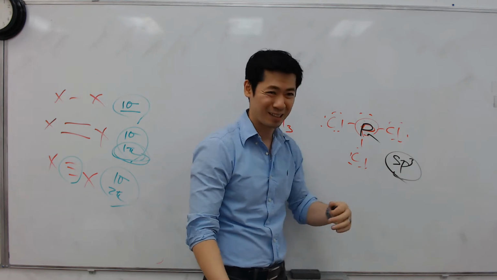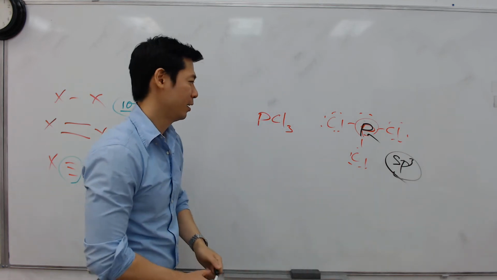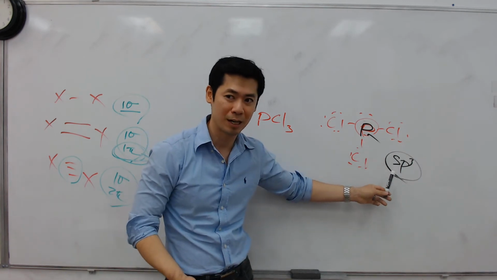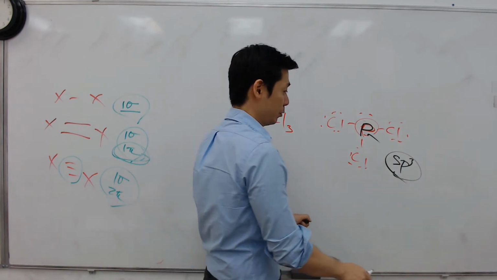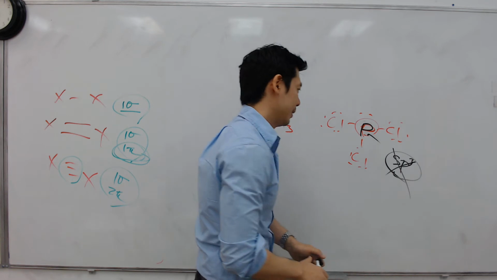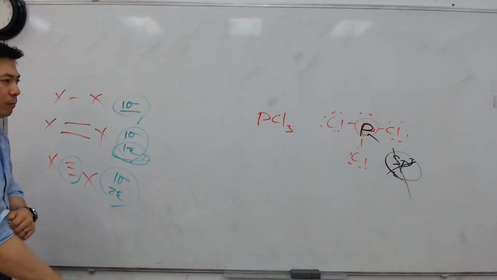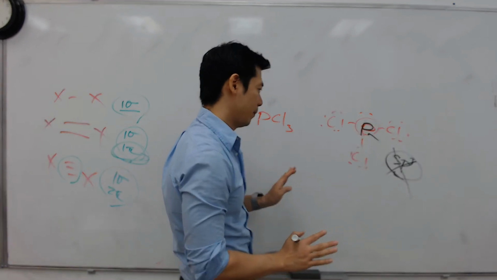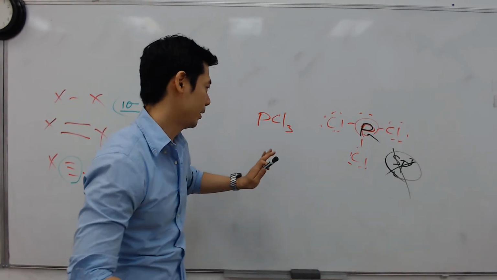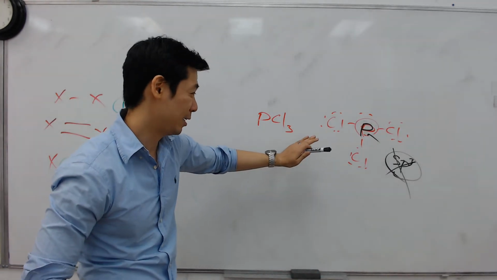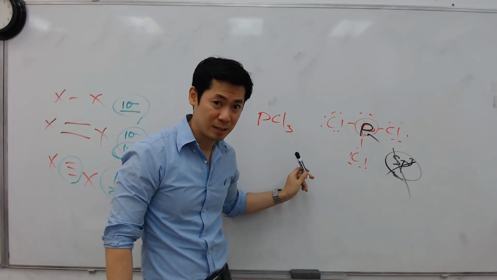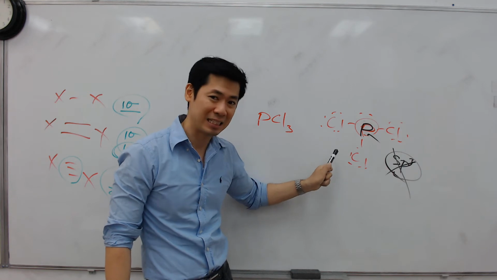That's one of the things I don't like that they do, by the way. If you go to college and higher chem, they might not do this. I don't think it's wrong, but it's hard to say. So I'm not going to go any further than this. When they have PCl3, their shape is not really this.